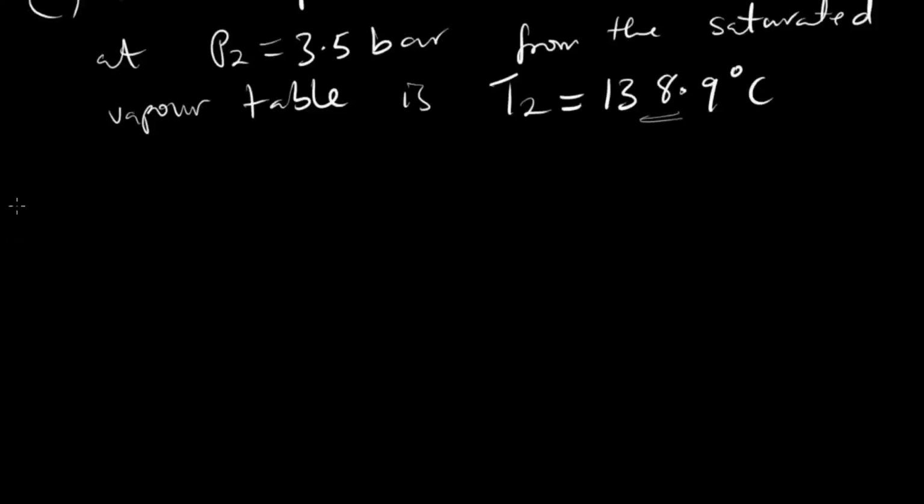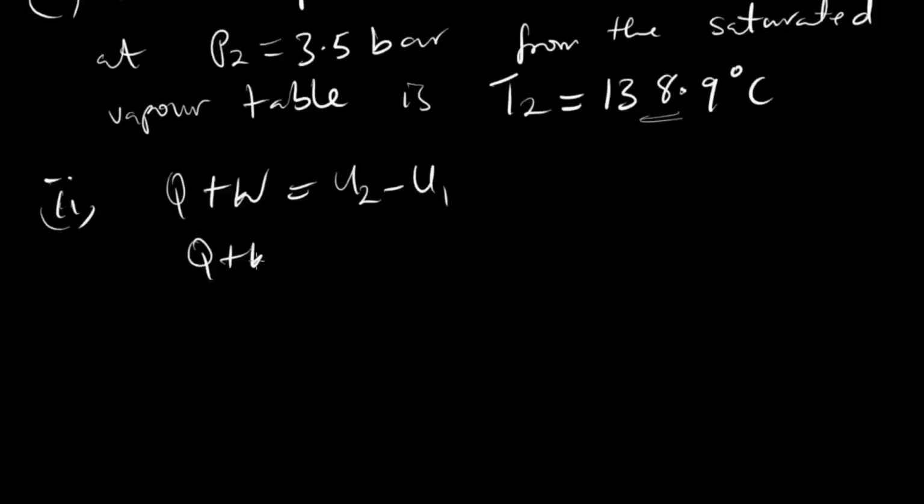So the next thing is the heat. Remember that Q plus W is equal to U2 minus U1. But there's a mass, so we can write that Q plus W is equal to M times U2 minus U1.